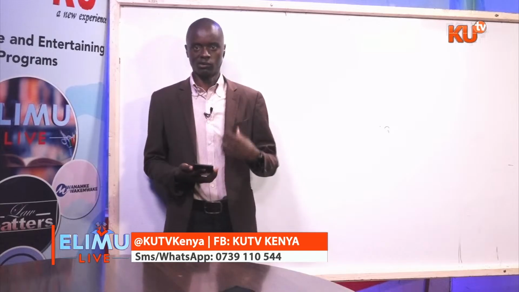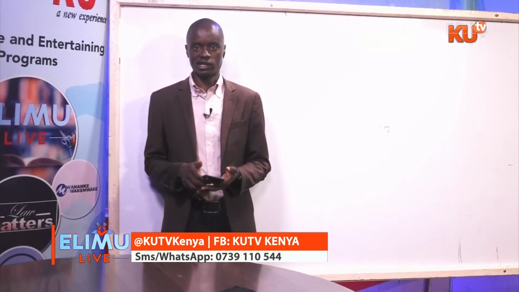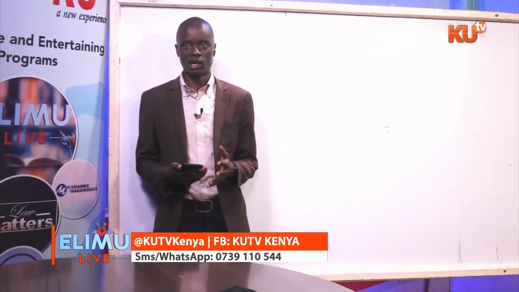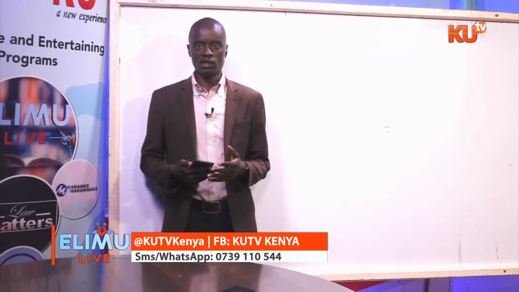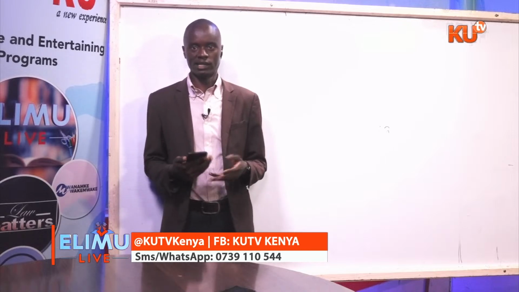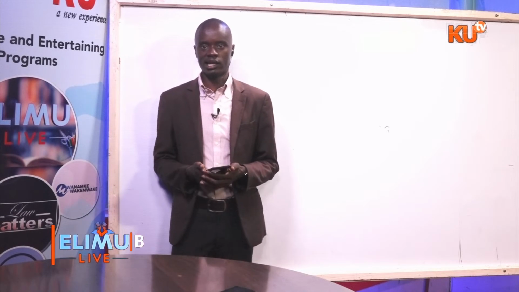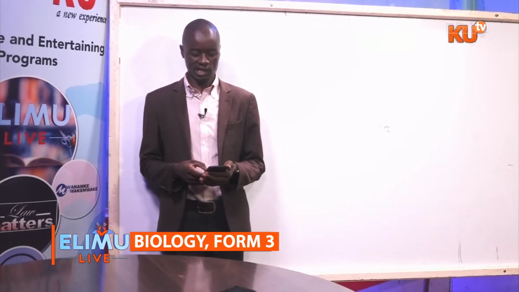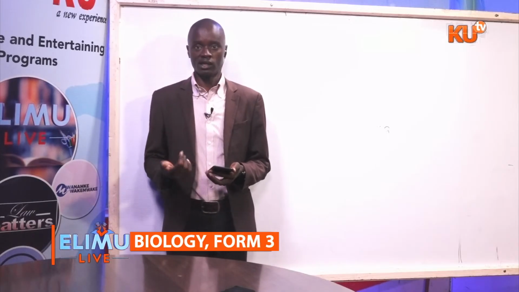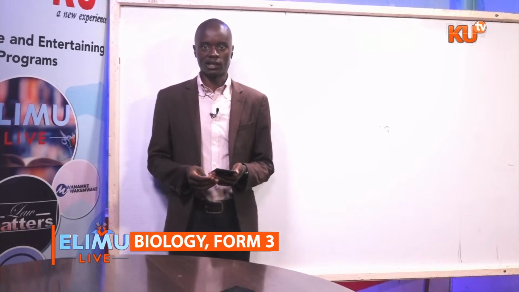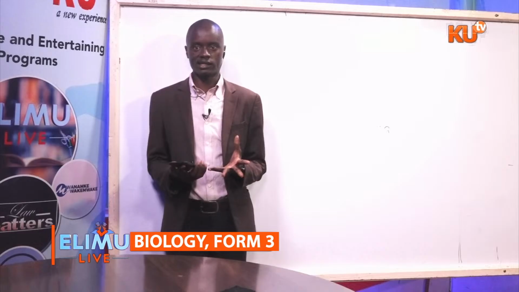Now, before we proceed, we need to understand something, especially in human beings. We have males and females, so I would like us to start by understanding a few terms. The first term that I want us to understand in a simple term is sex.